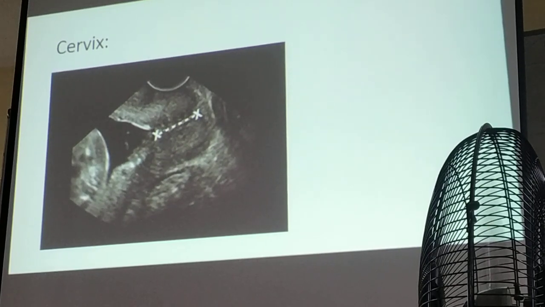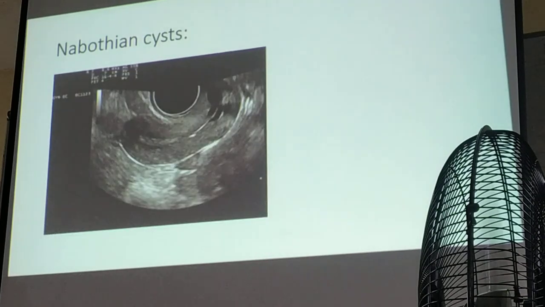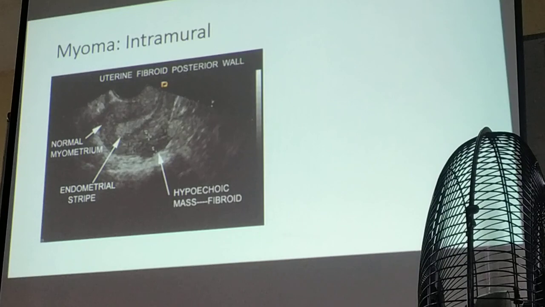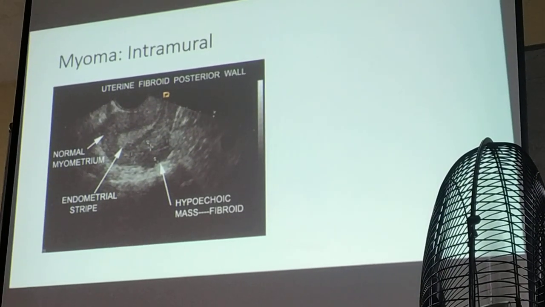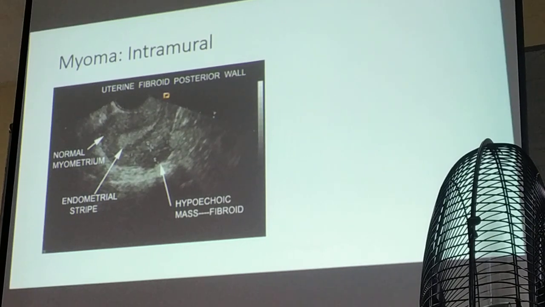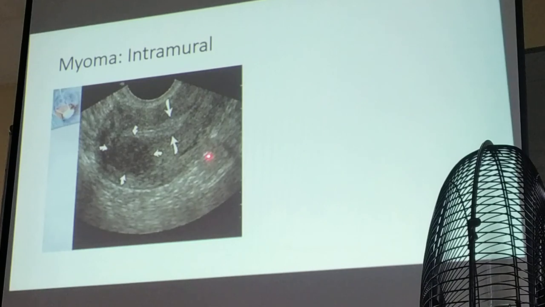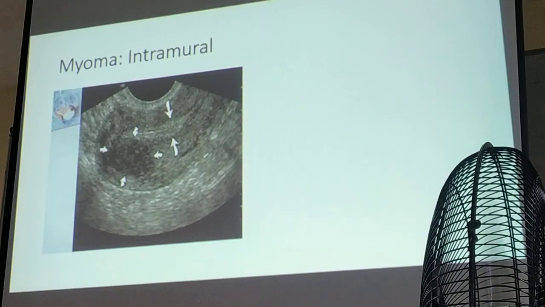There you have your cervix. Should be closed. And then these are your nabothian cysts. Not that really important. And then you have the myomas. 3 myomas would come out. The intramural. Okay? There you are. Your clue here, the myoma is within the muscle.